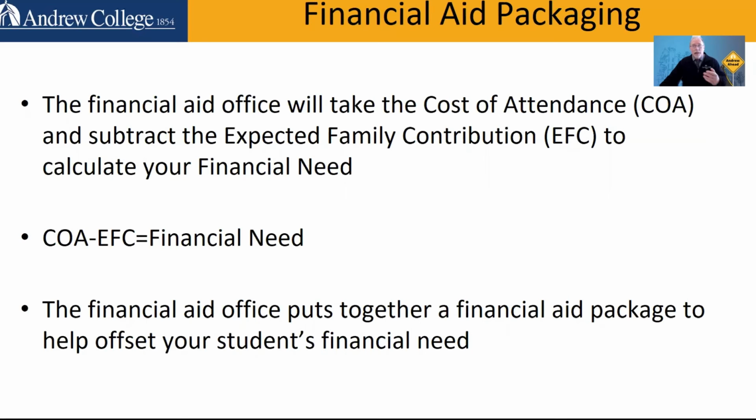Now, as I mentioned earlier, the financial aid office makes the total cost of attendance, subtracts out the expected family contribution to get your financial need. And then we try to put together a package that meets or comes as close as we can to offsetting your student's financial need. We're not able to guarantee to meet 100% of need.